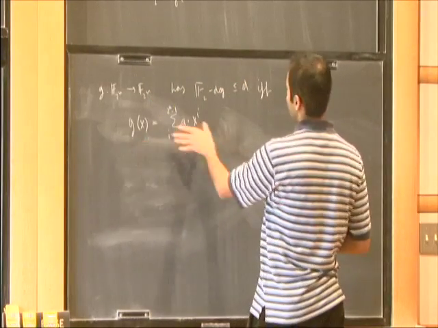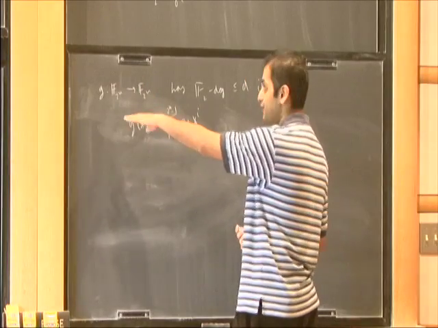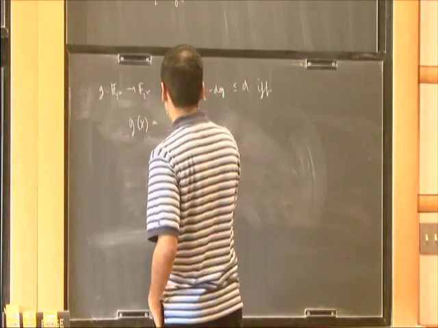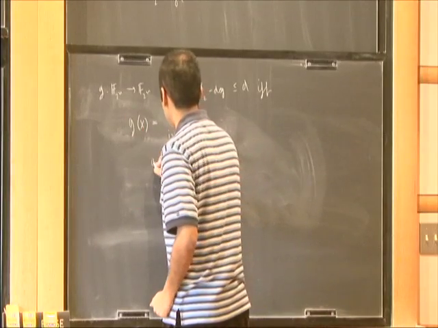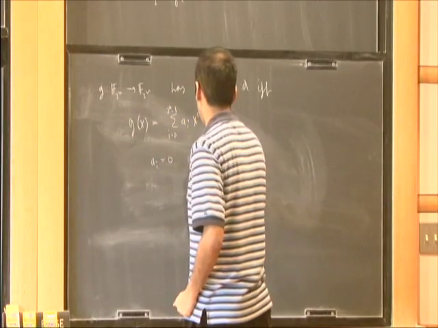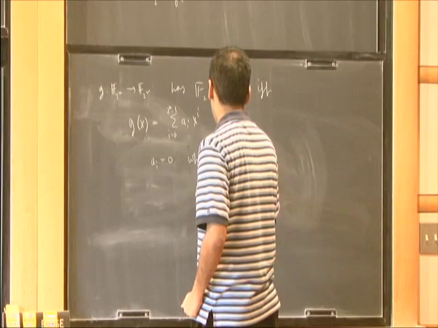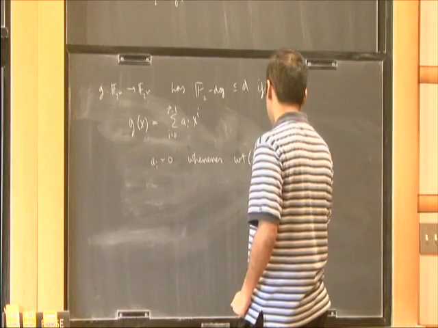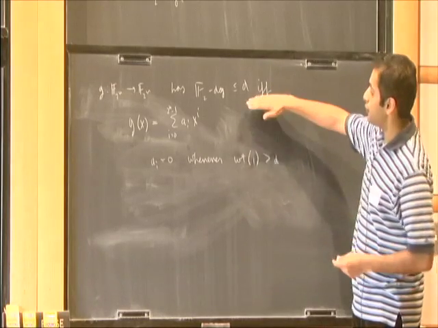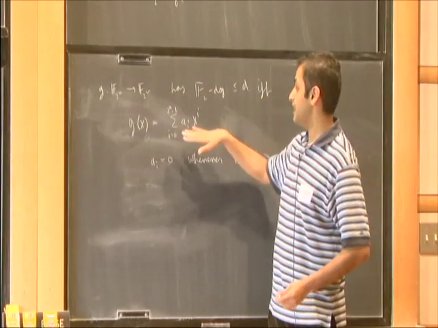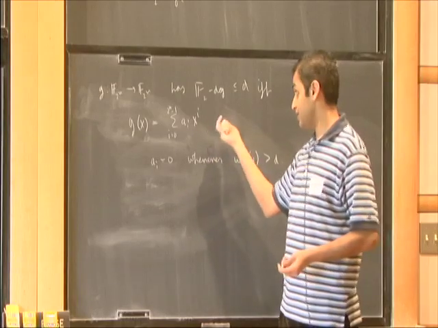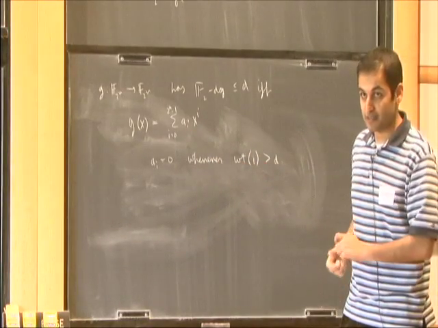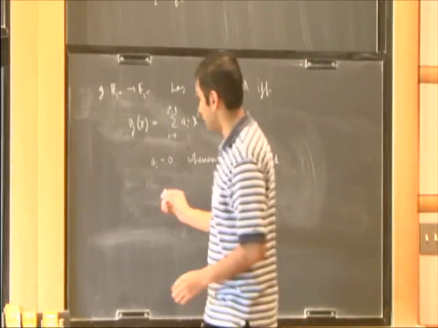So take g and interpolate it as the unique univariate polynomial of degree at most 2 to the n minus 1. When you write it like this, a_i is 0 whenever the weight of i is bigger than d. So functions have low F2 degree if and only if they are linear combinations of monomials x to the i, where i has Hamming weight at most d when you write it as an integer in base 2.